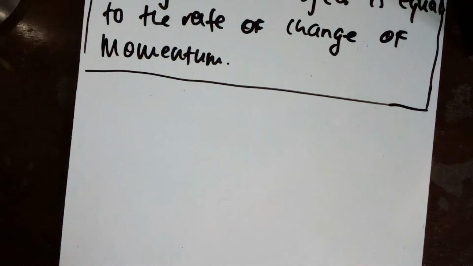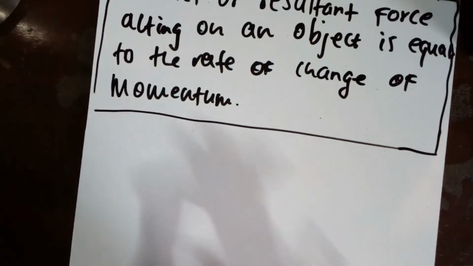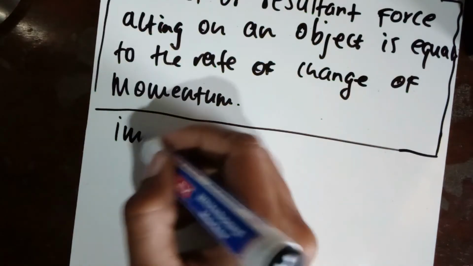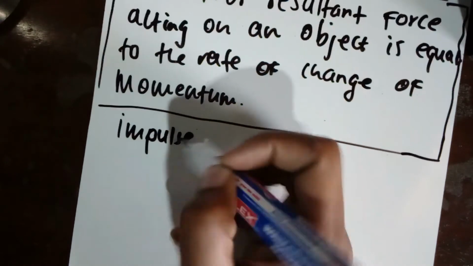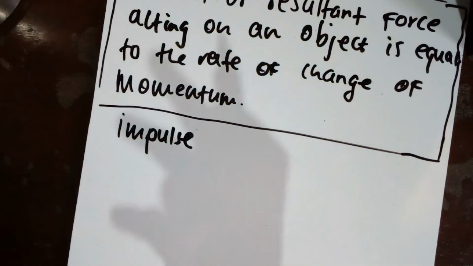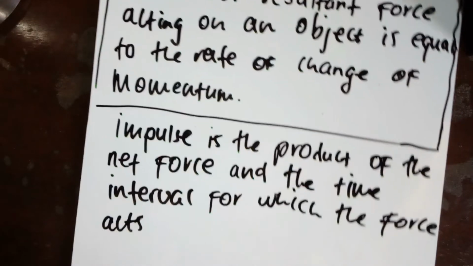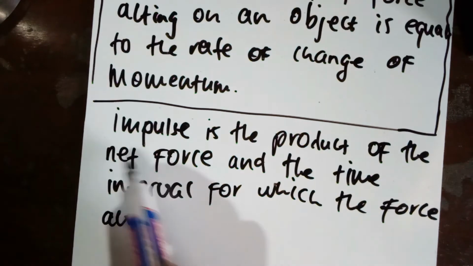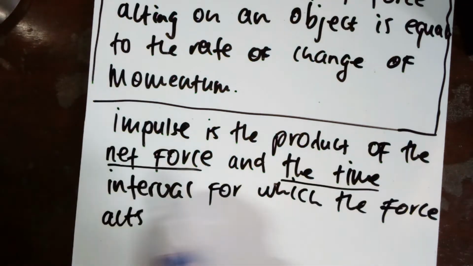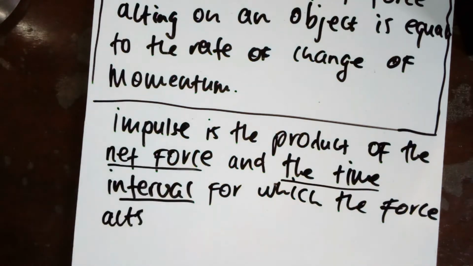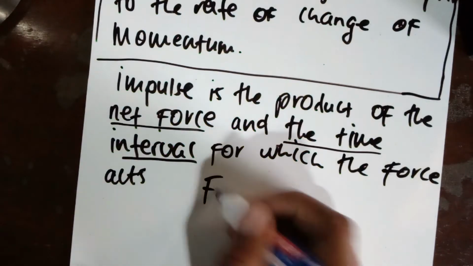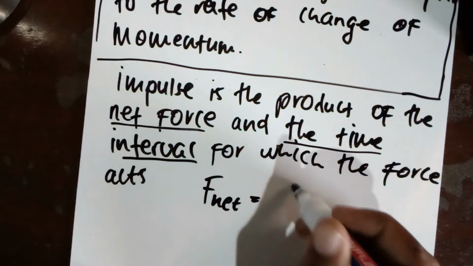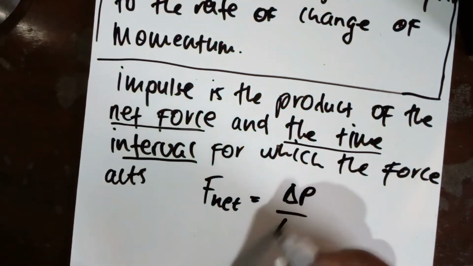We can also go a step further and describe something called impulse. What is impulse? You need to know the definition of impulse. Impulse can be defined as the product of the net force and the time interval for which the force acts. Remember, we have Newton's second law in terms of momentum, given by this equation.